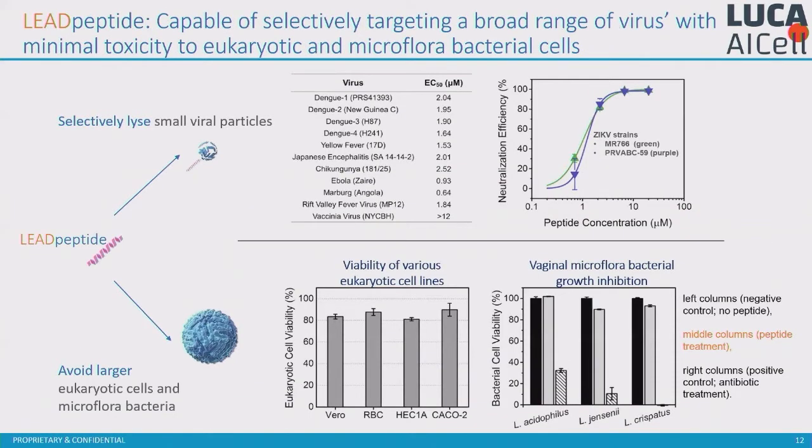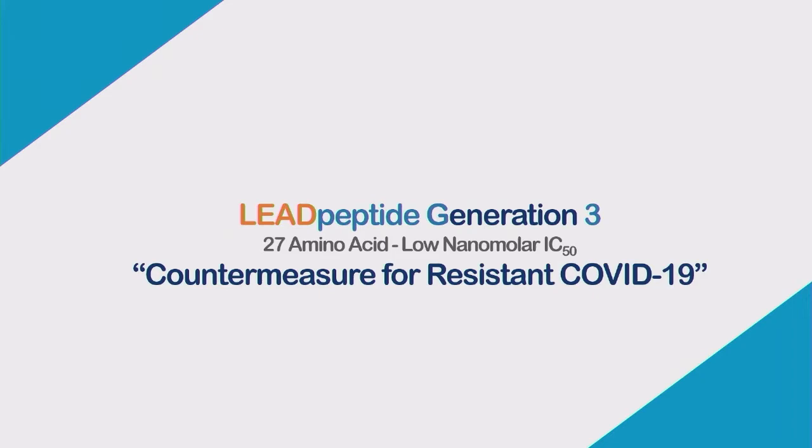That's what we control. And we studied various virus particles, which we optimized for dengue, yellow fever, Japanese encephalitis virus, chikungunya, Ebola, Marburg, and so on. So in vitro, it works effectively on a broad spectrum of virus particles, and it does not show any toxicity to the larger cell in this case.